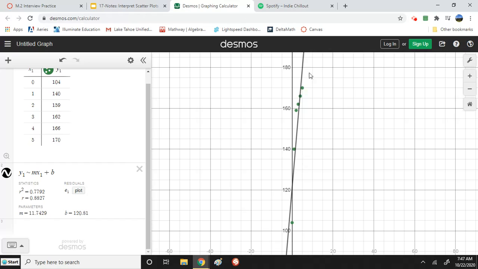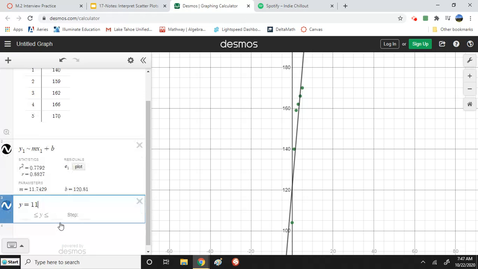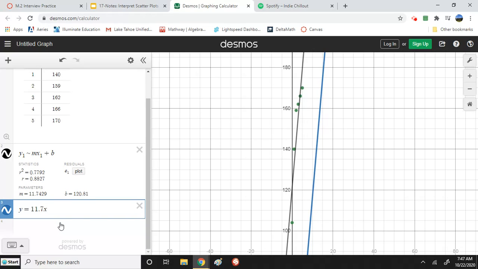So our goal is to try and hope that we can match this line, and this is what we'll be looking for you guys, for you to be following directions. So we're now going to put our y equals, we're going to use that m for our slope. Please round to the nearest tenth. So we have 11.7 as our slope, and we have x, and then we have a positive 120.8 because we are rounding to the nearest tenth.